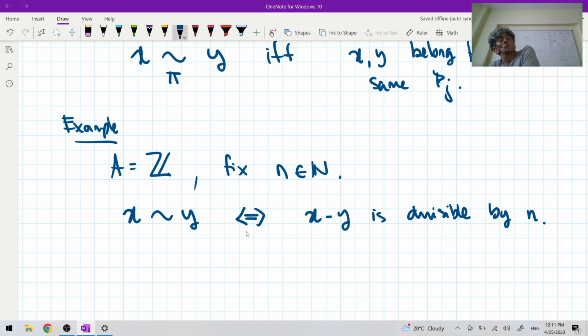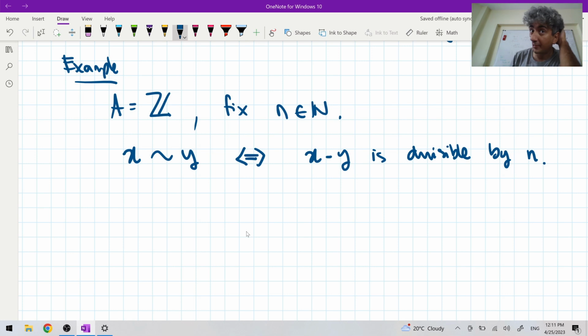Okay, so this gives us a partition of A into disjoint sets.